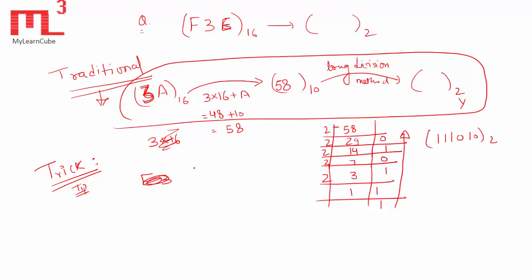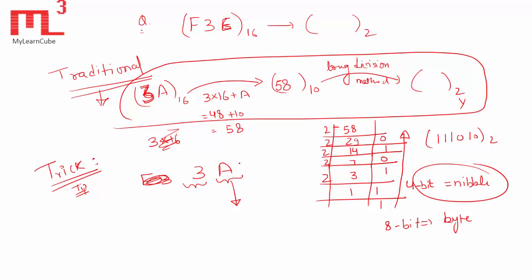For 3A, just represent each digit directly by a 4-bit nibble. The 8-bit segment is called a byte, and the 4-bit segment is called a nibble.